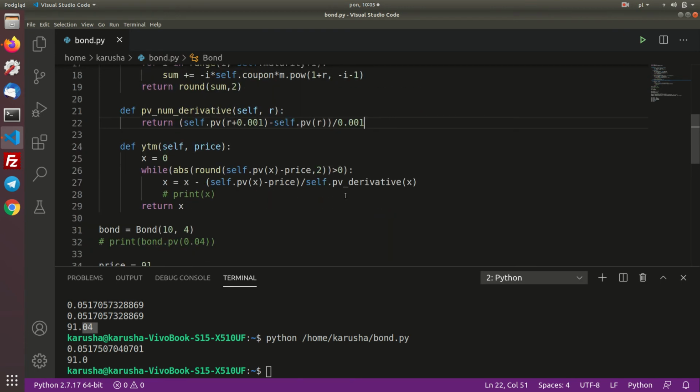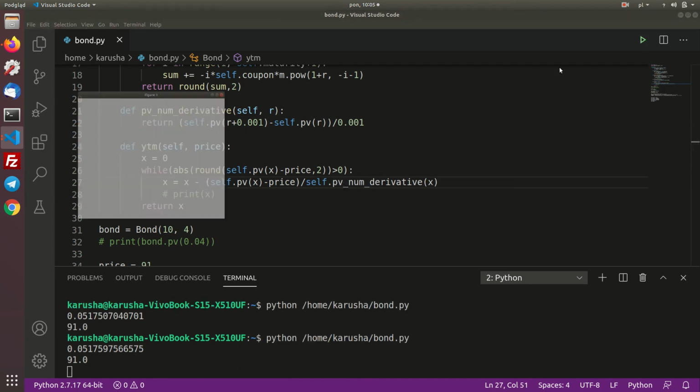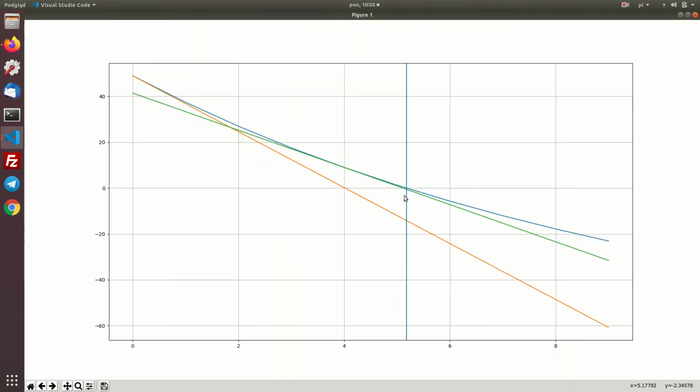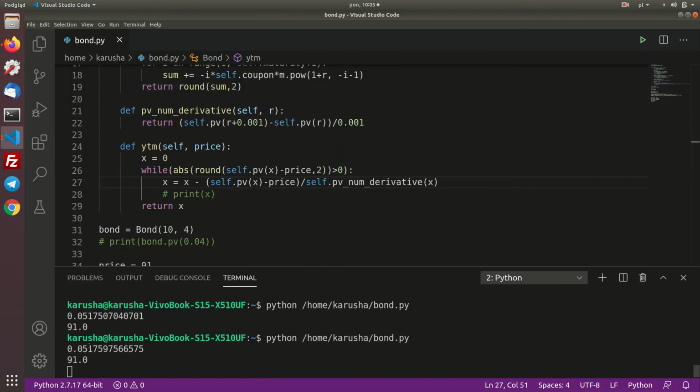Let's see if this works as well. Let's run it. As you can see, we get to the same result, we have also 517.5.